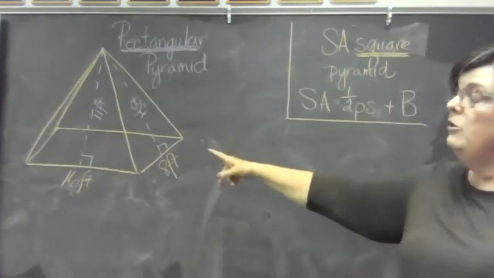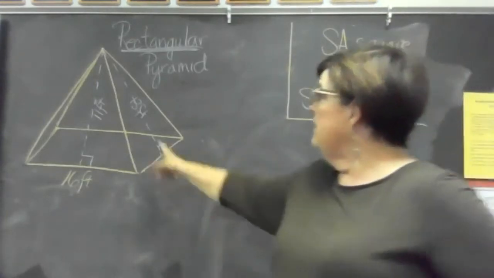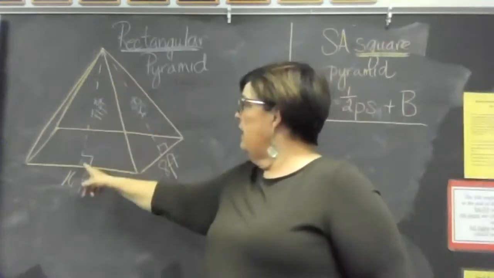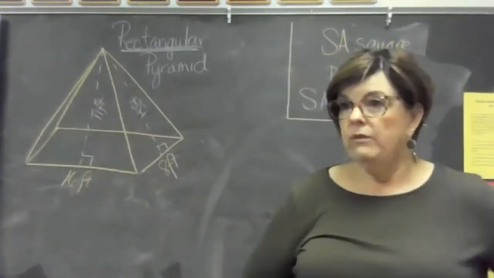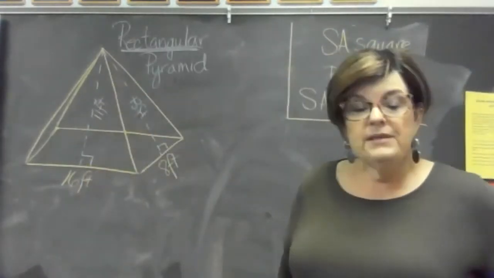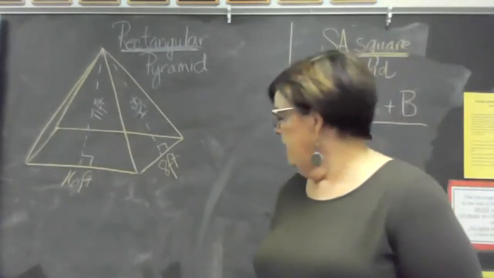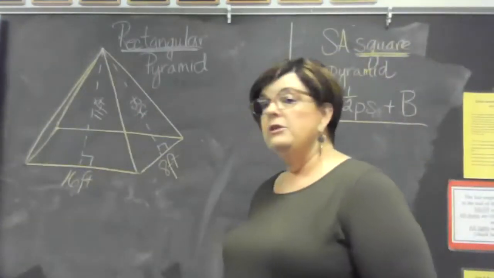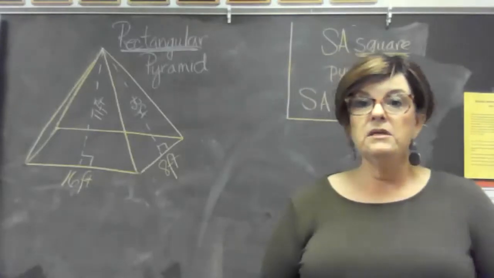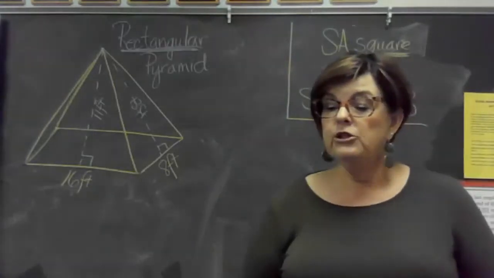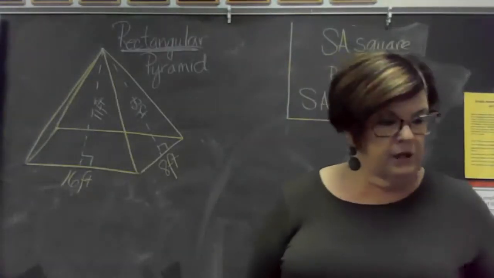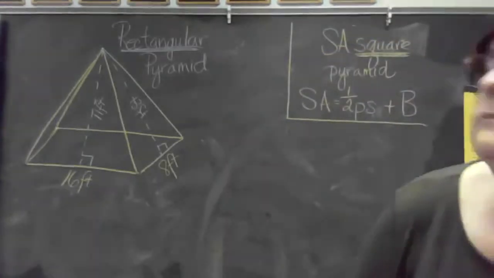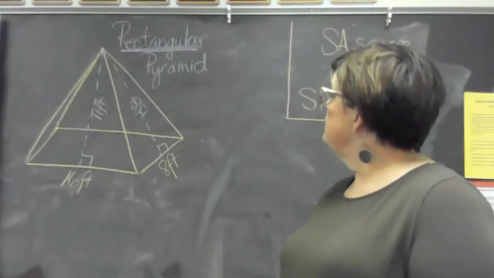But then when we came over here, we found out that we have different slant heights and didn't know how to handle that. So what we decided, and I've looked online to make sure, I've looked everywhere that I can see, and definitely not on your formula chart, is a formula for finding the surface area of a rectangular pyramid.